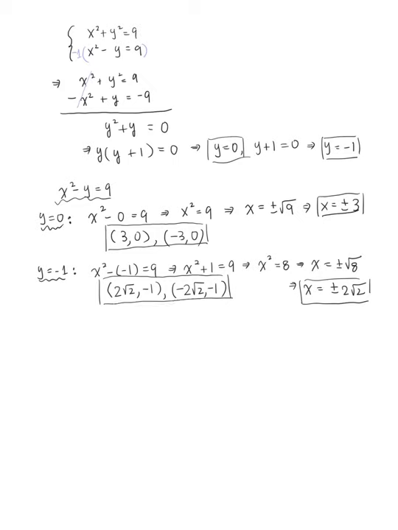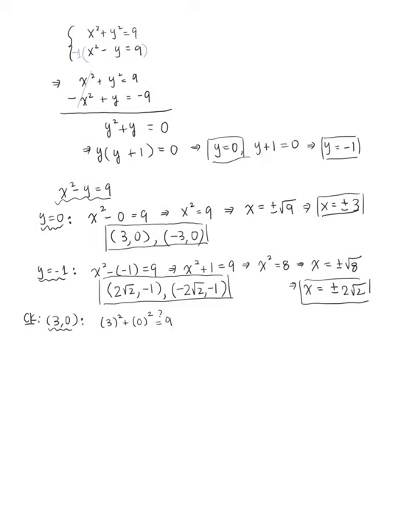I know it's a pain, right? So now, last thing, we need to check. Let's first check 3, 0. I'm going to plug this into both equations, in fact the original equation. I'm going to get 3 squared plus y squared, which is 0 squared, equals 9.